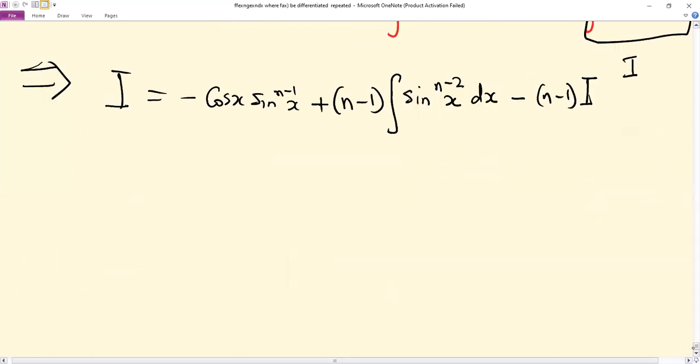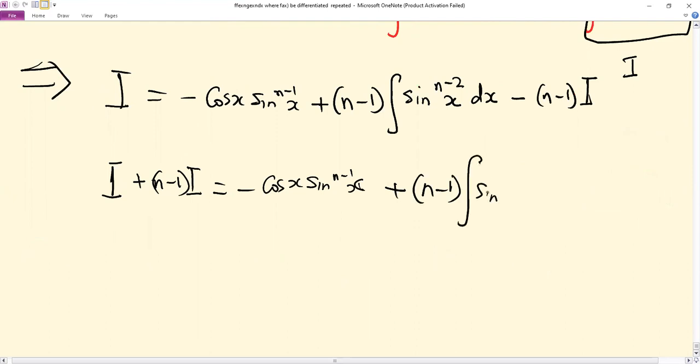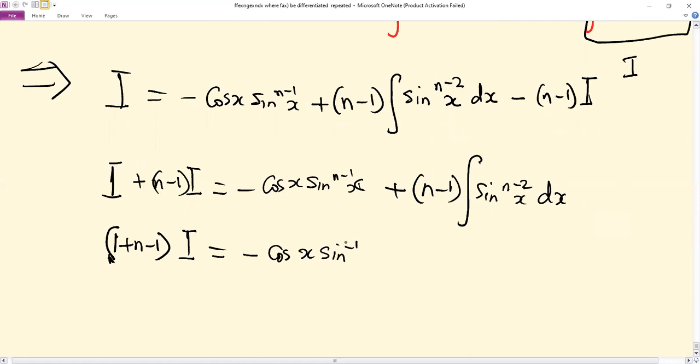So collect those terms in I. Bring this to the left, and you'll have I plus n minus 1 times I equals negative cos x sine power n minus 1 x plus n minus 1 times the integral of sine power n minus 2 x dx.